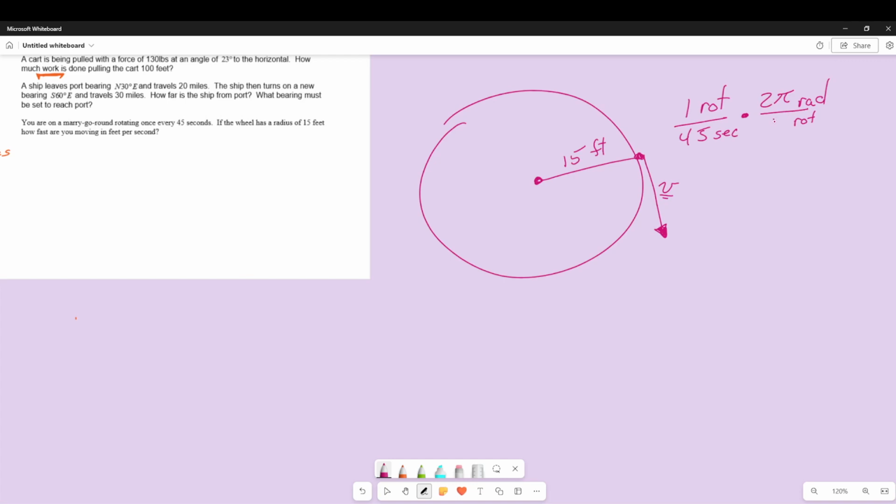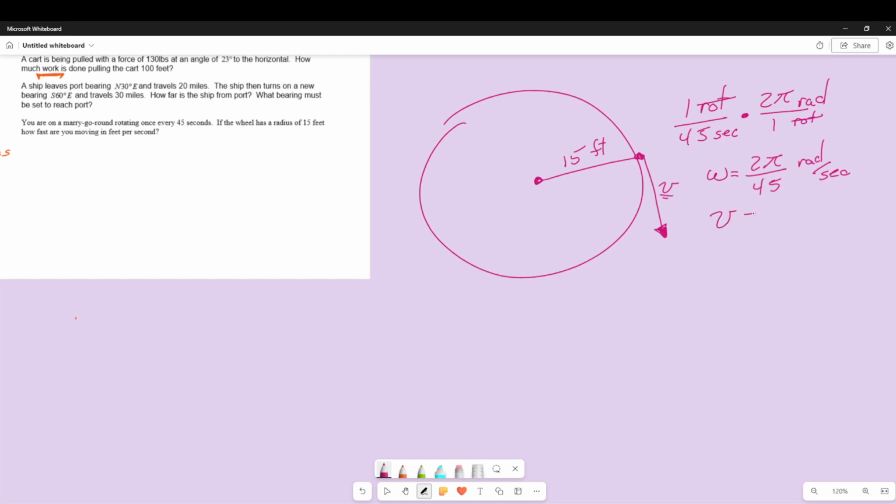So 2 pi radians in one rotation give us 2 pi over 45 radians per second after those cancel. And I don't want to reduce that at all because it doesn't reduce pretty. So that's our omega, our radians per second angular speed.